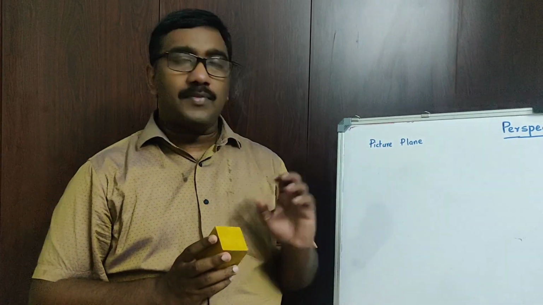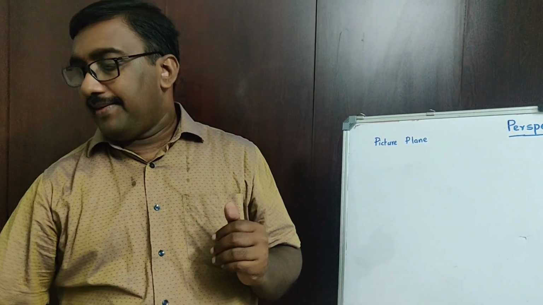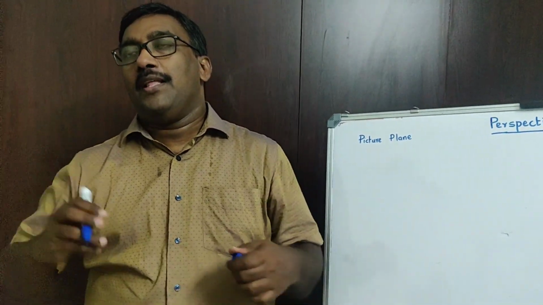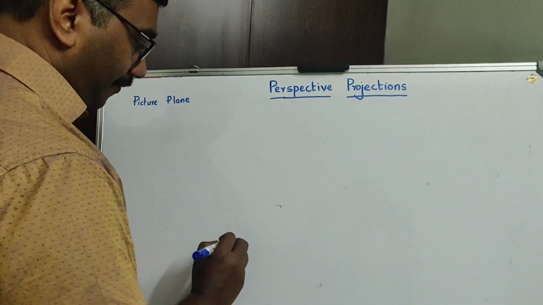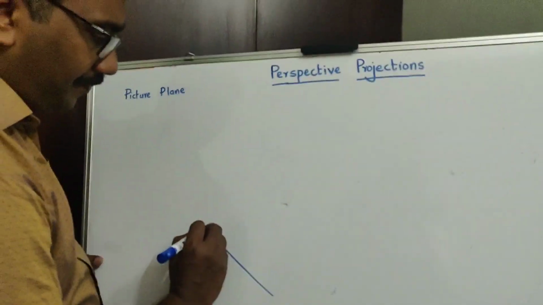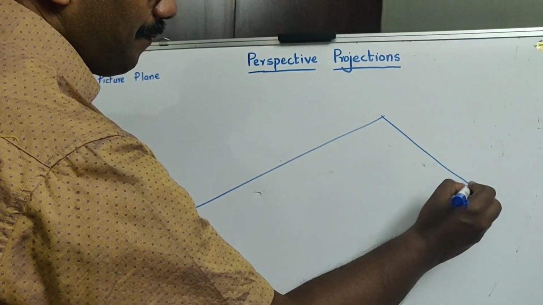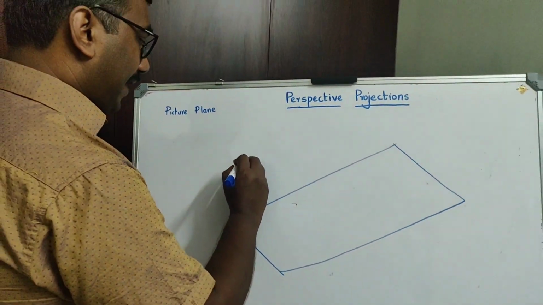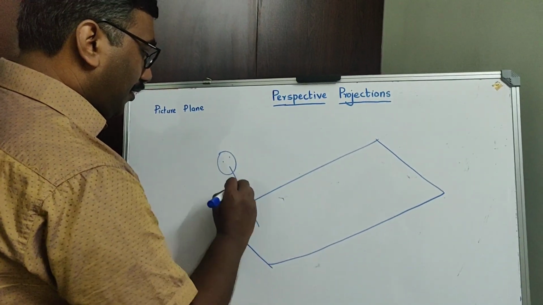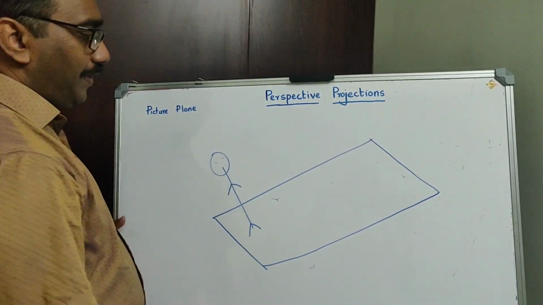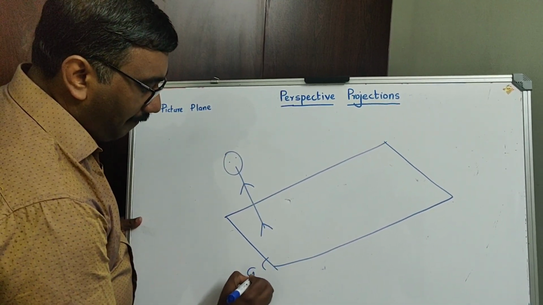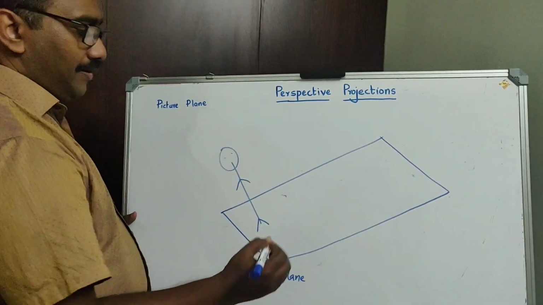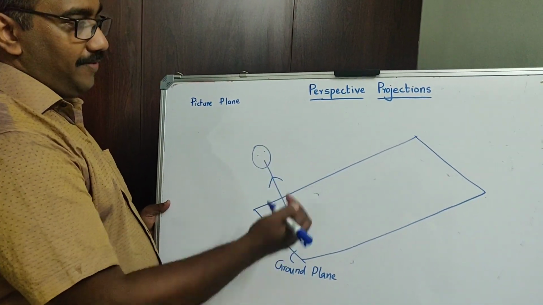Let us have a look into the basic terms related to perspective projection. The important thing is the ground plane. The ground plane will be the plane on which the person is standing. There is a person who is standing on this ground plane. So this is the ground plane. Anything which we are referring is based on the ground plane.